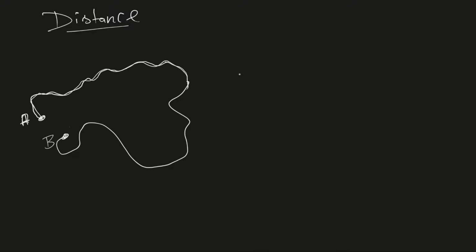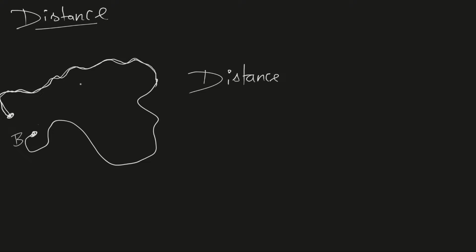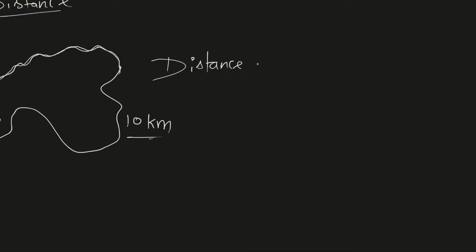The distance has no direction, because you are just counting the total kilometers. Let's suppose you move 10 kilometers, then the distance is simply written as 10 kilometers.